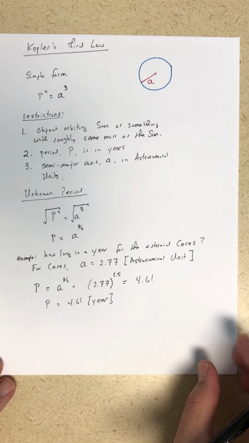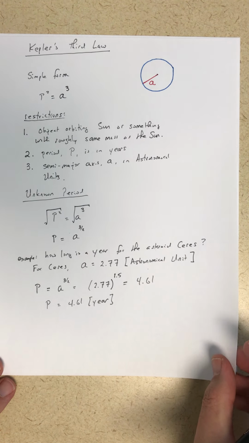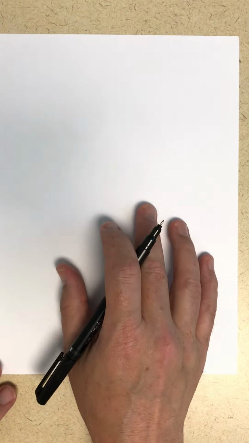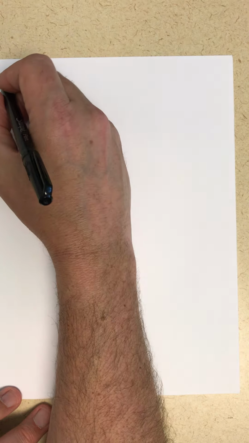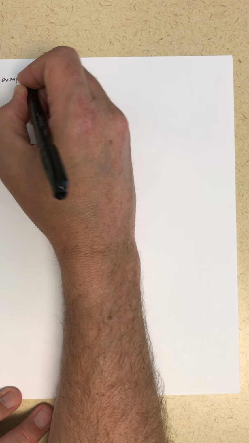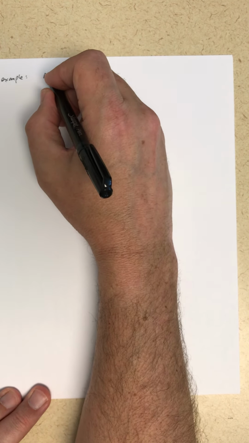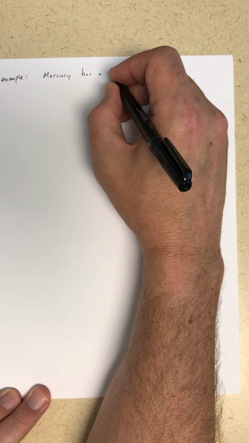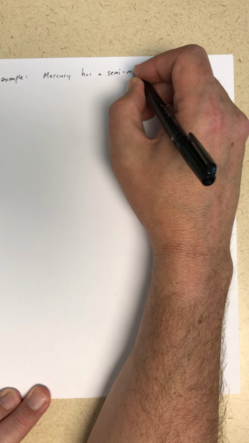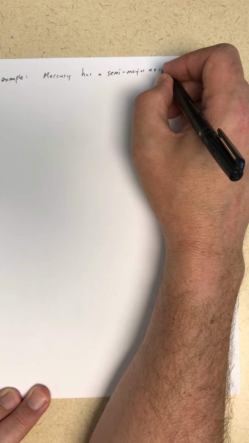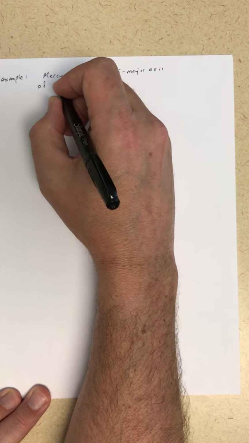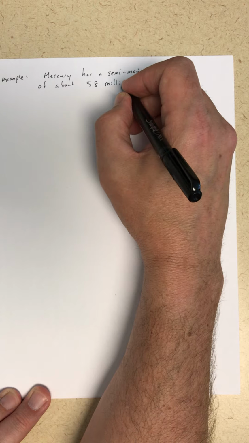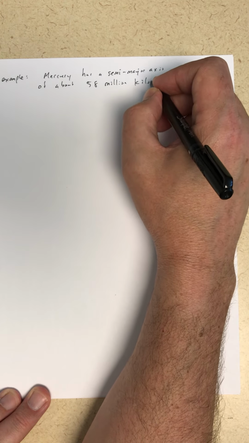All right, let's try another example with an unknown period. Example: the innermost planet, Mercury, has a semi-major axis of about 58 million kilometers.